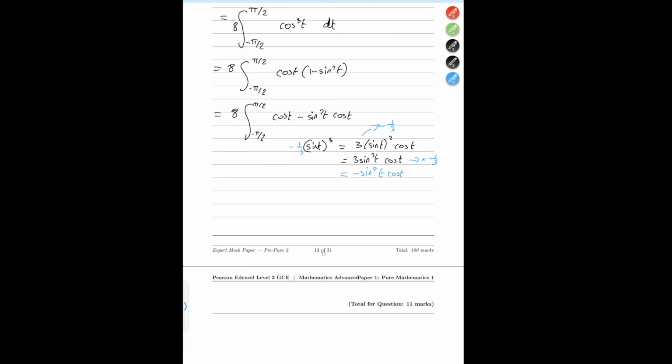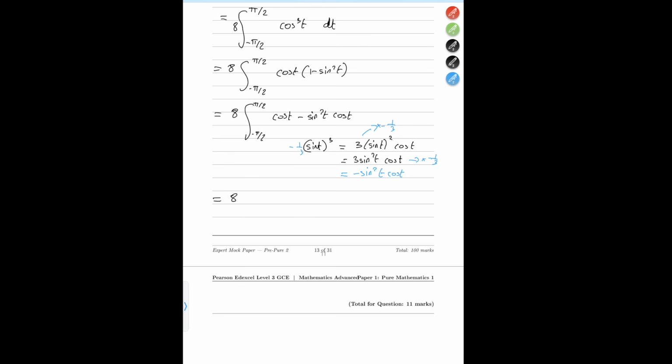So hang on a second. I can rewrite my integral as... no, that's not how you're supposed to write it.